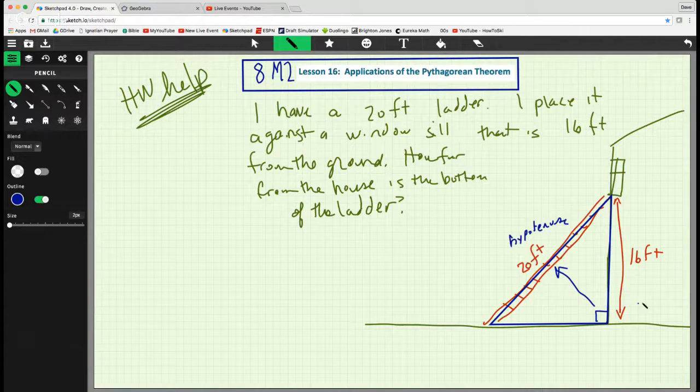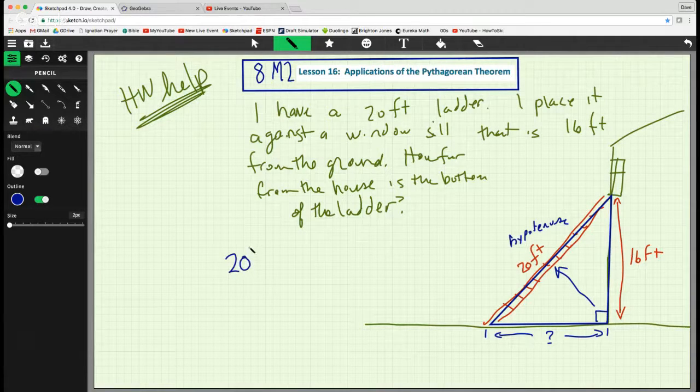Our formula says that the legs, and this is our unknown distance, how far the bottom of the ladder is from the house. How far is this distance? Look at this use of the Pythagorean theorem.